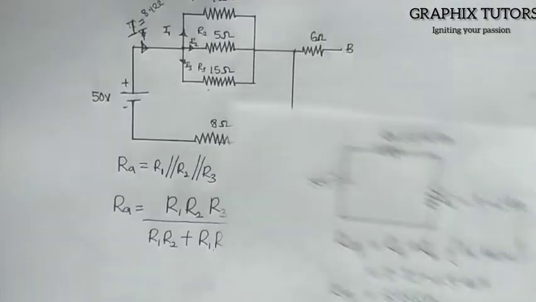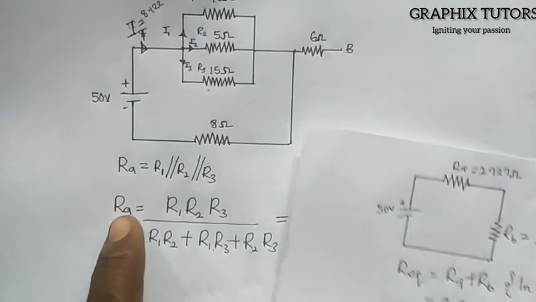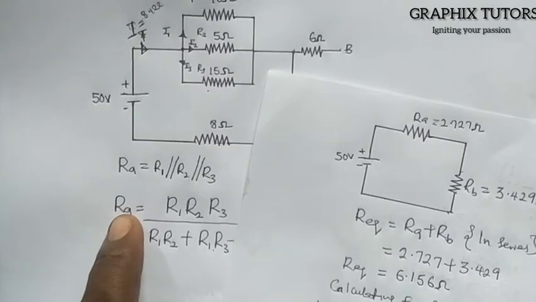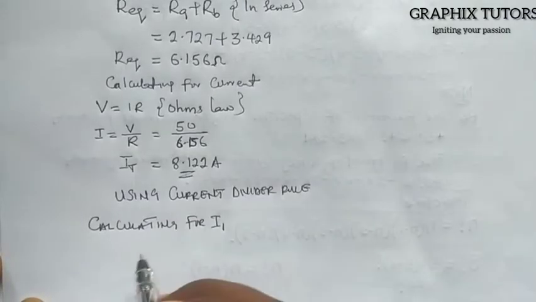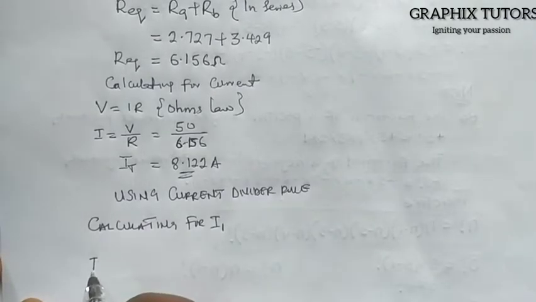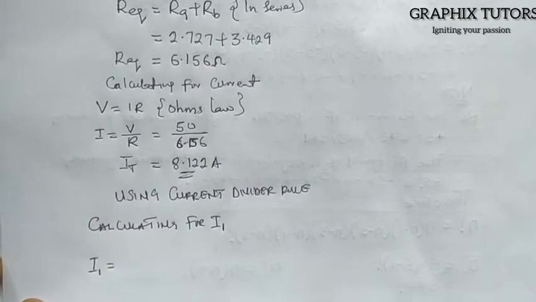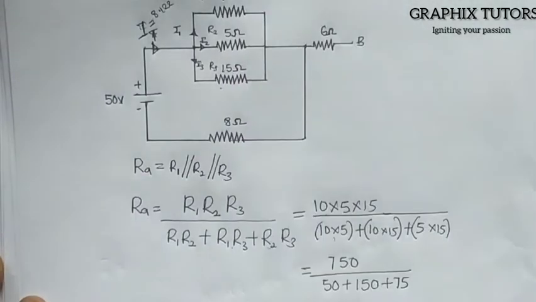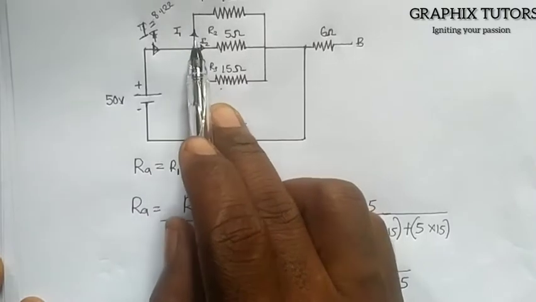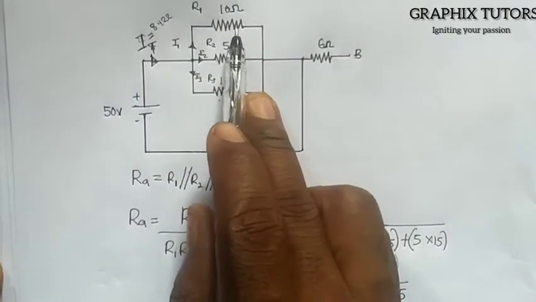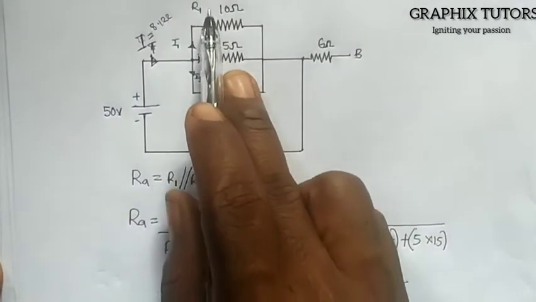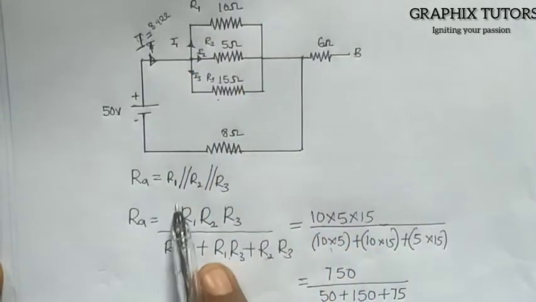So we'll come to this formula here. We need I1, so we're going to remove arrow A and place I1 here. So we'll say I1 equals to, now you ask yourself a question, where is I1 flowing through? I1 is flowing through R1, right, which is the 10 ohm resistor. So I'm going to remove R1 from this equation here.